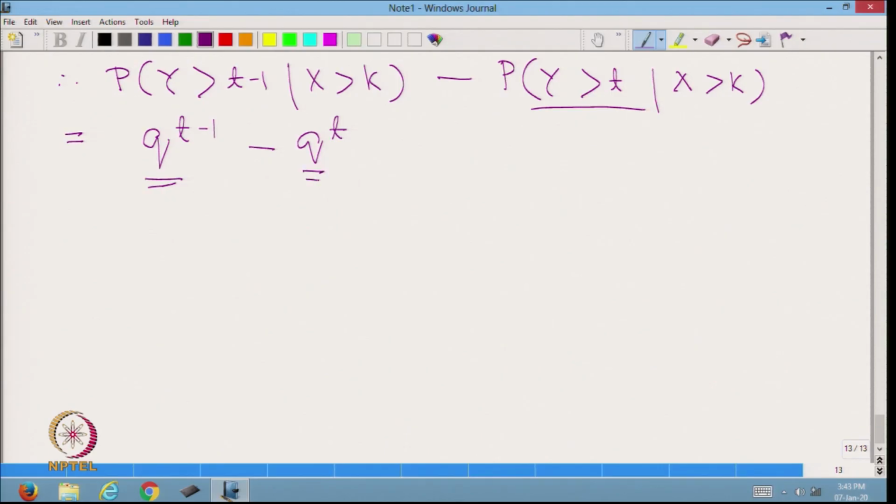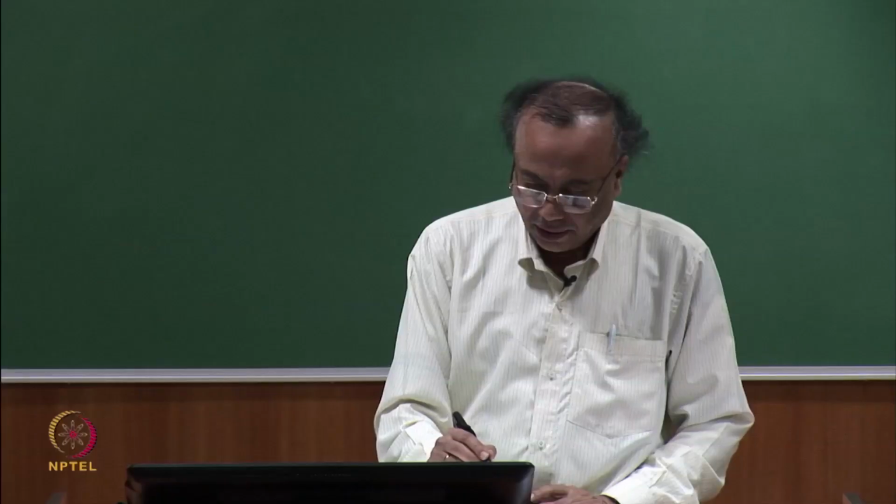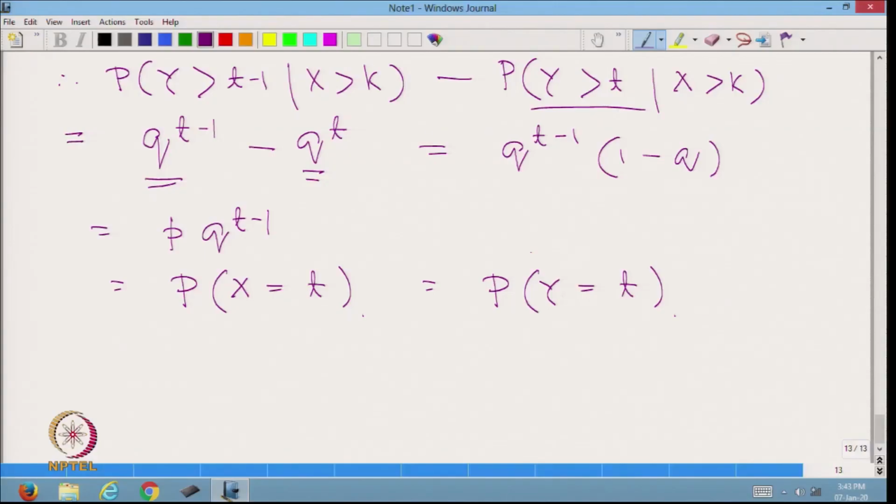Therefore, this is q to the power t minus 1 times 1 minus q, which is equal to p q to the power t minus 1, which is equal to probability X is equal to t, which is equal to probability Y is equal to t. Therefore, we can see that X is memoryless.